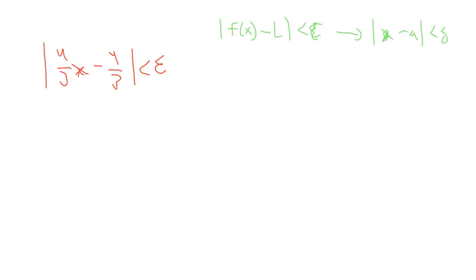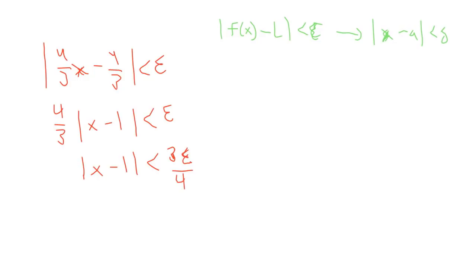And in order to do that, you can factor out this 4 thirds, and then you get something that looks really similar, but the last thing you need to do is move this 4 thirds to the other side, in which case you get 3 epsilon over 4. And we equate that to delta.